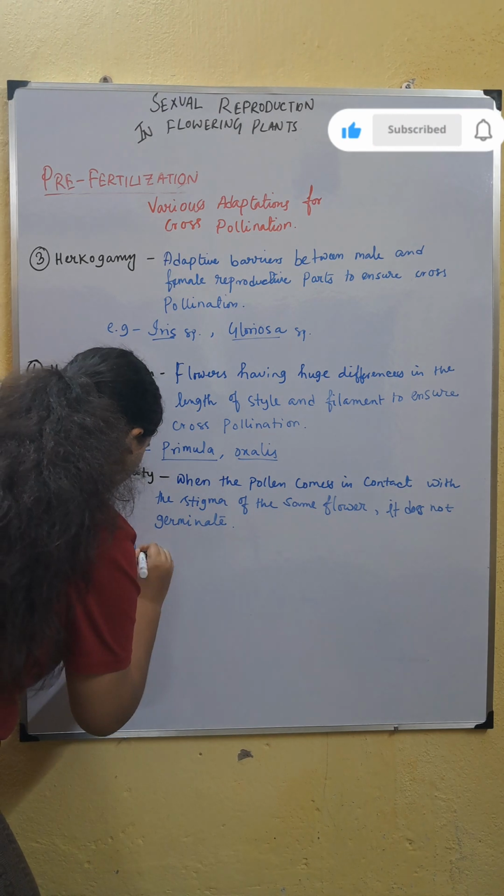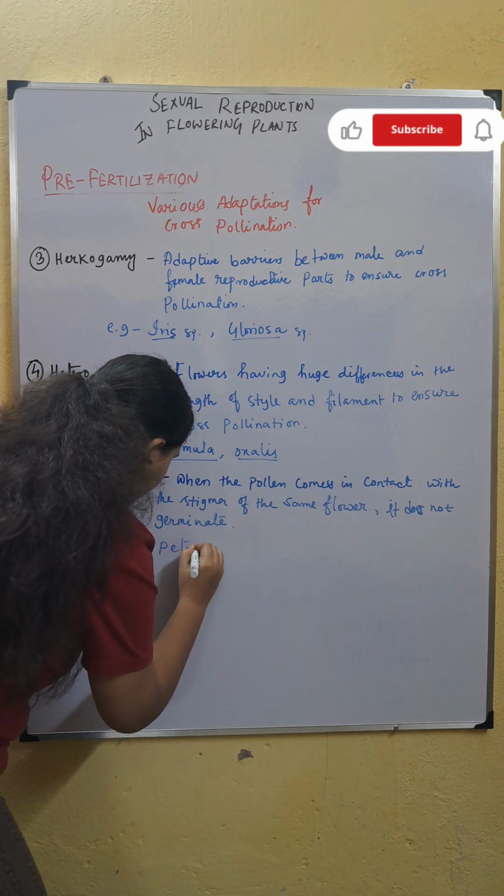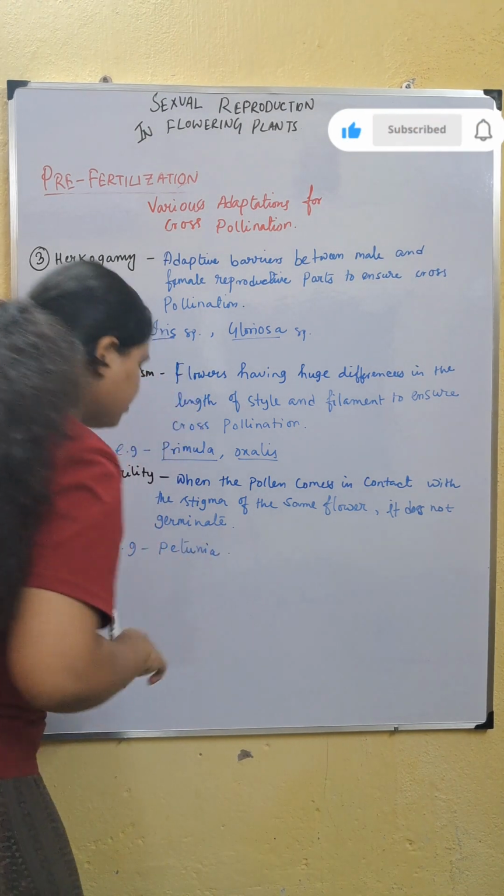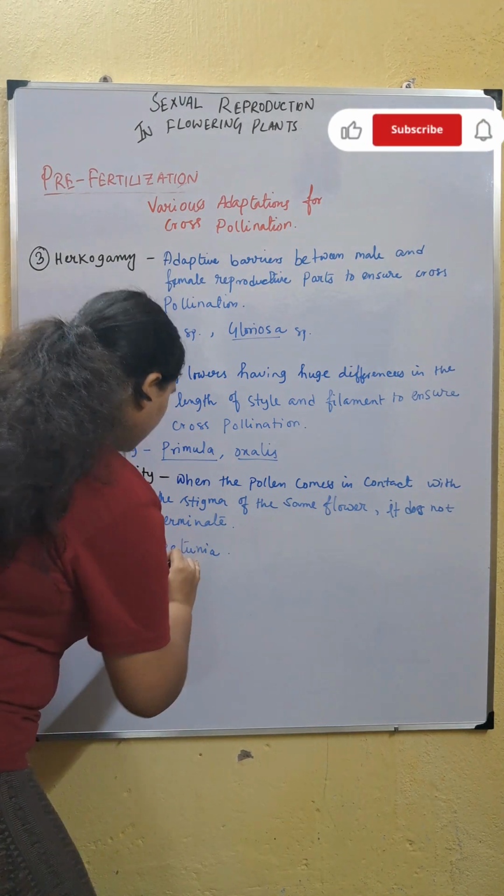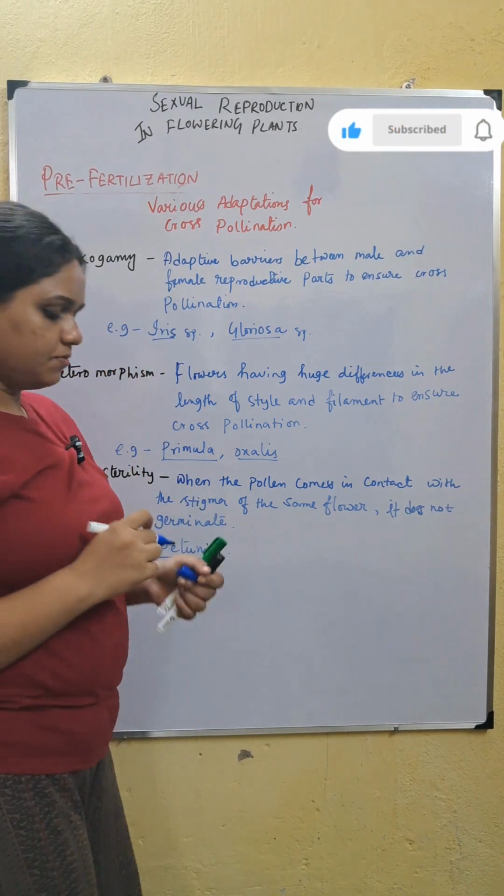For example, petunia. In petunia, this kind of pollination is seen.